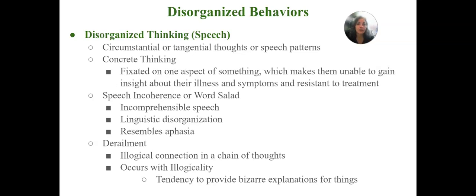So we can't read people's minds. So how we get insight into the disorganized thoughts is through their language. And often they're very incoherent in what they're saying. It's sometimes referred to as word salad. Think about someone that may have suffered some sort of head trauma and they've had brain injury, and they're not able to speak in a coherent way.